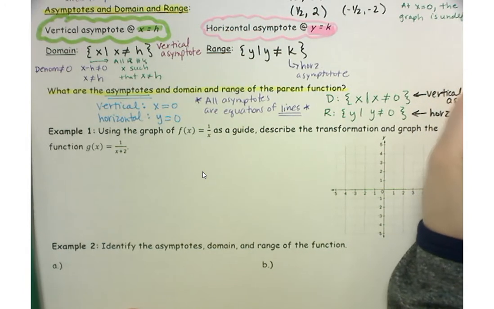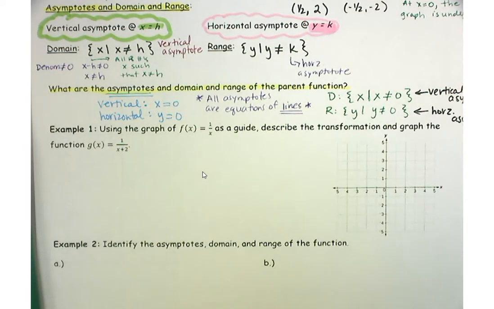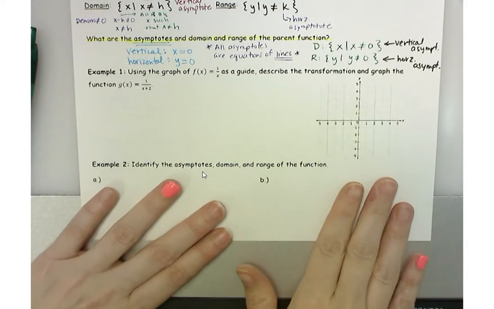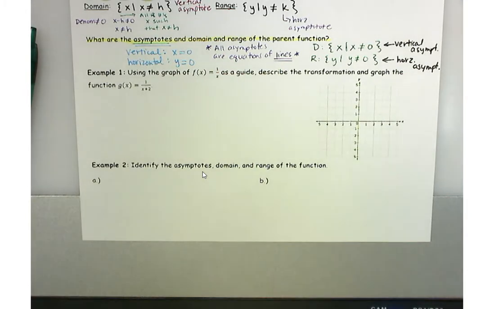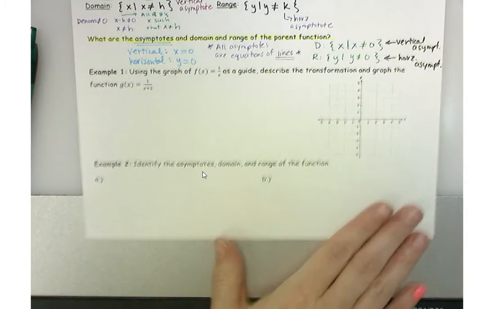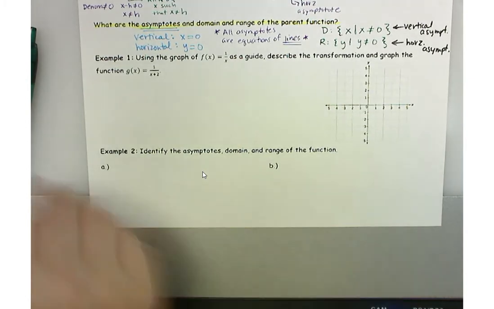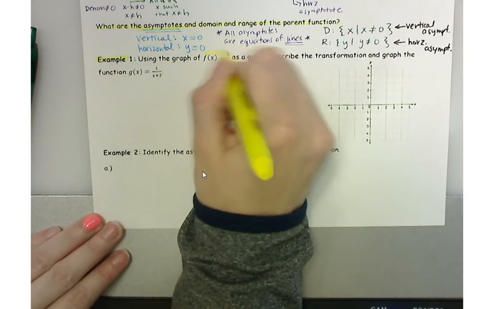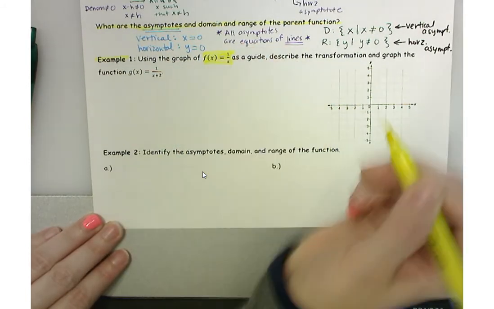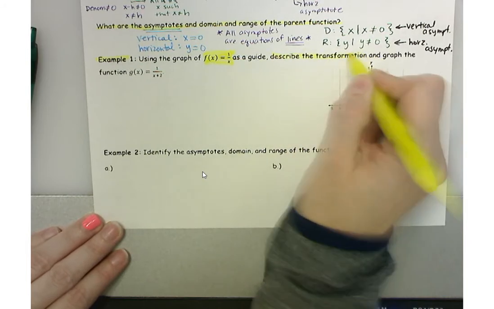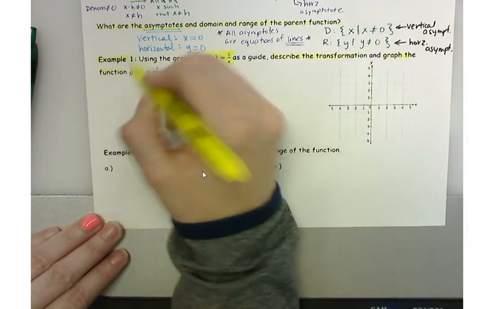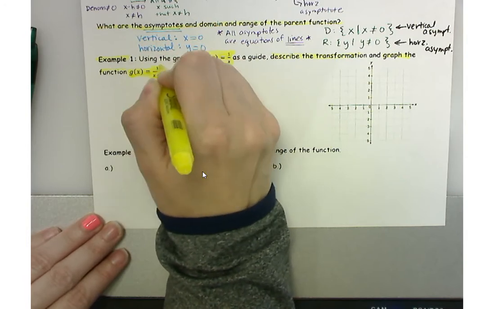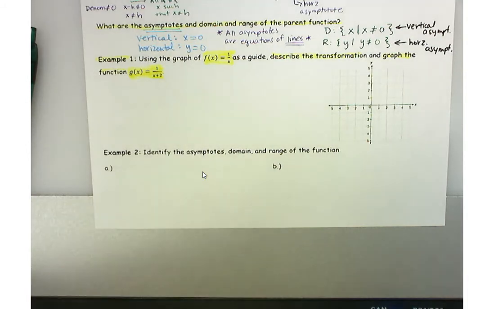All right, so for our first example, we are going to use the graph of f of x equals 1 over x as our guide. We're going to describe the transformation, and then we're going to graph the function g of x equals 1 over x plus 2. If the format is x minus h, we could write this as g of x equals 1 over x minus negative 2.